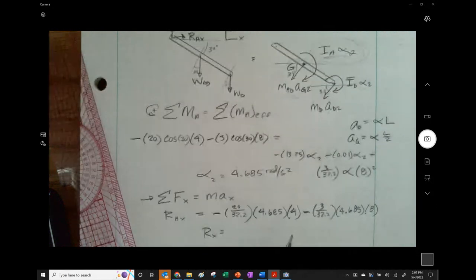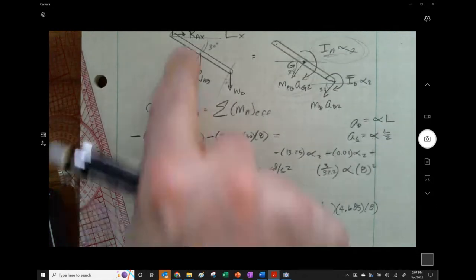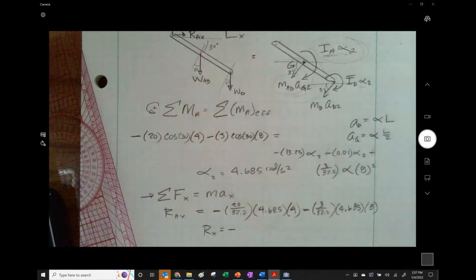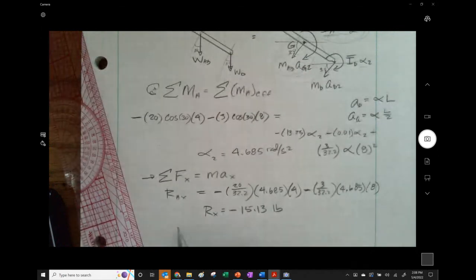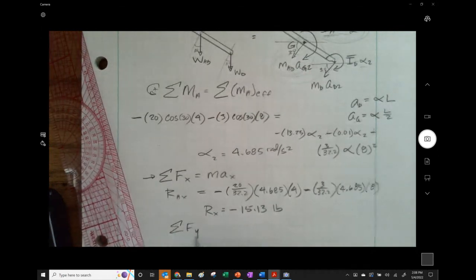So we're going to get in the negative direction. I drew it positive, but it's a negative. So we have 4 times 20 times 32.2 divided. I think I did that right. Swap him out and go 3 times 8 times 32.2 divided. Add them together. We get 15.13 pounds.